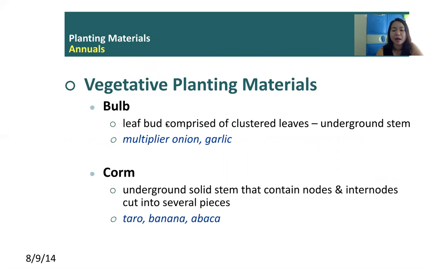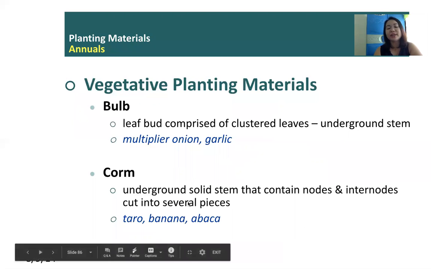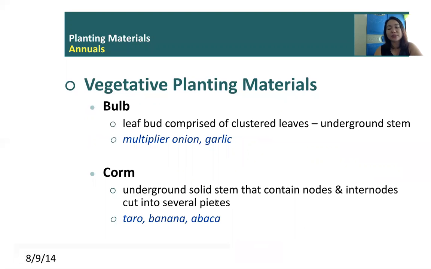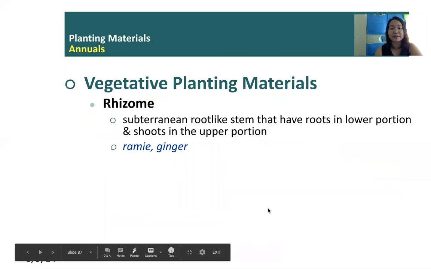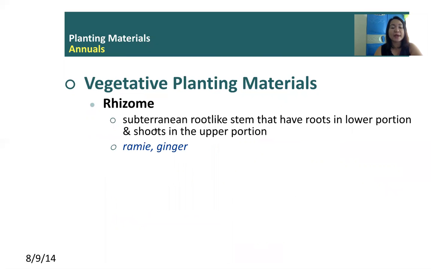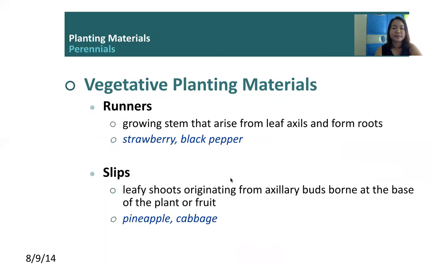We also have bulbs, which are buds comprised of clustered leaves on an underground stem, like multiplier onion and garlic. Corms are underground solid stems that contain nodes and internodes, cut into several pieces, like taro, banana, and avocado. We also have rhizome, a subterranean root-like stem that has roots in the lower portion and shoots in the upper portion, like galangal and ginger. That's what we call ginger rhizome.